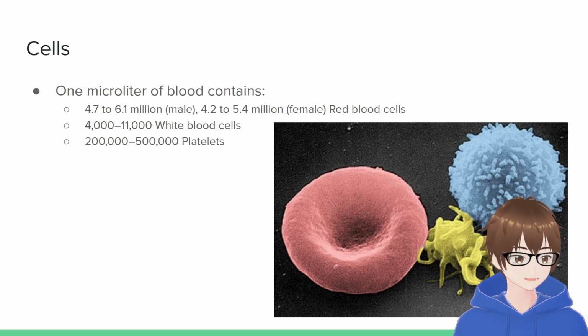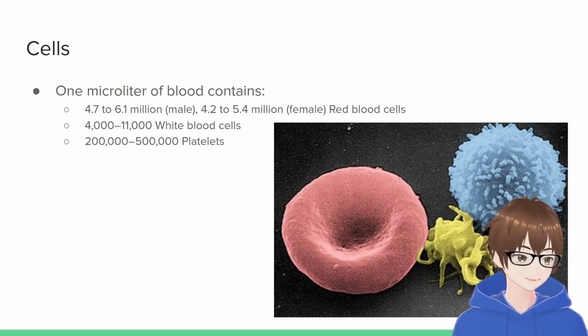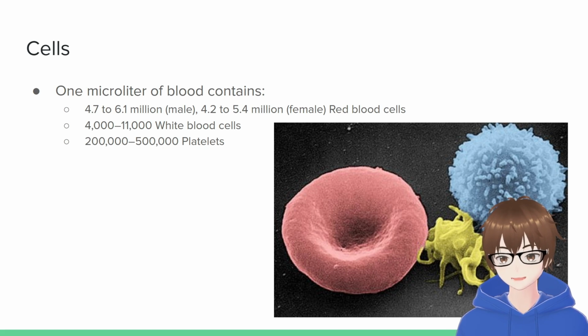So, the cells here. 1 microliter of blood contains 4.7 to 6.1 million red blood cells in a male, and 4.2 to 5.4 million in a female. So if you're a normal guy, you'll have between 4.7 to 6.1 million red blood cells.